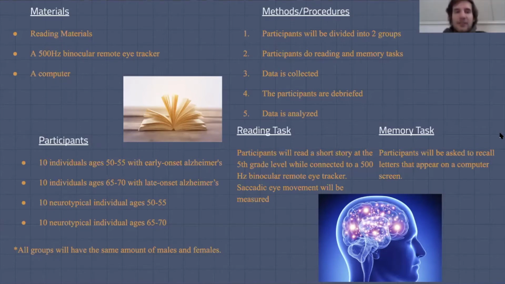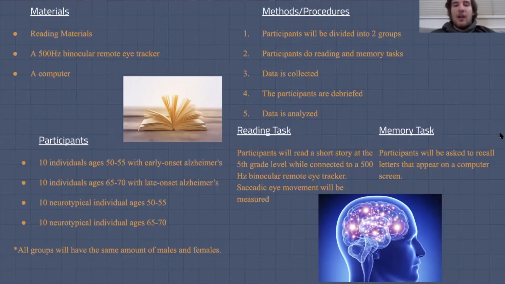As far as participants are concerned, we have 4 different groups of individuals that we need. We need 10 people who are ages 50 to 55 with early onset Alzheimer's, 10 people in that same age range that are neurotypical, and then 10 people who are 65 to 70 with late onset Alzheimer's, and then 10 more people who fall in that age range as well.